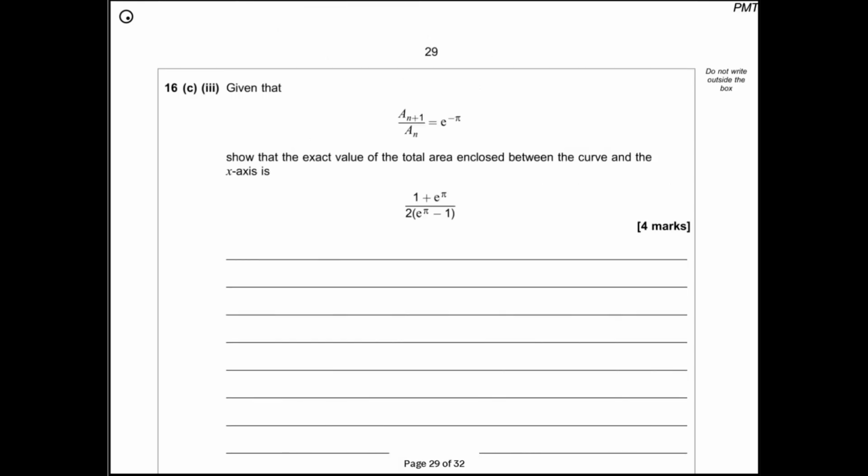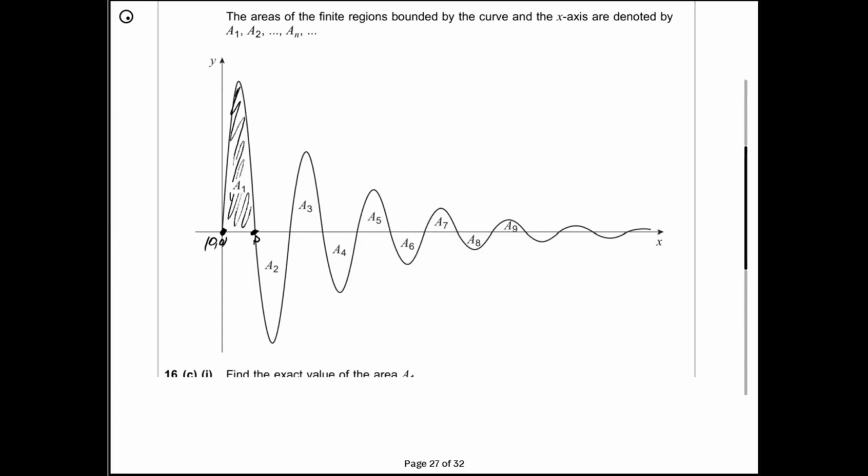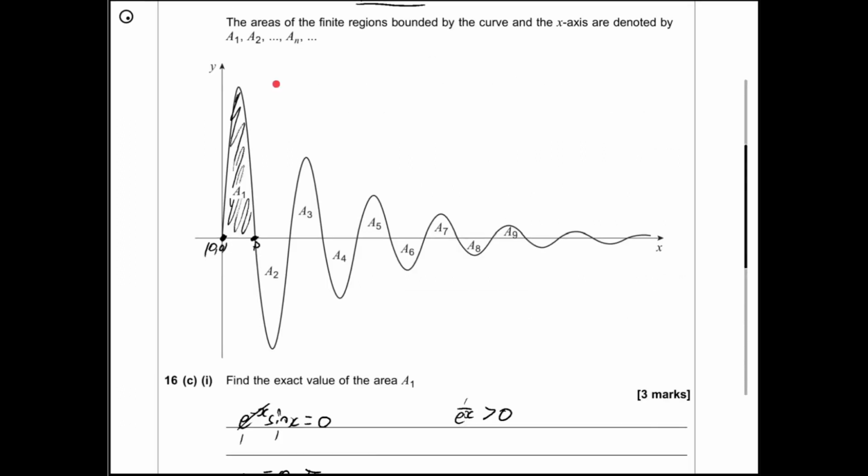And then question 3 is this one, I'm not gonna lie, takes a bit of imagination. So we've got to recognise that the areas make a geometric series. So we've got A in a geometric series as the first term, and in our case the first term is this whole area right here, and obviously this is the second term.